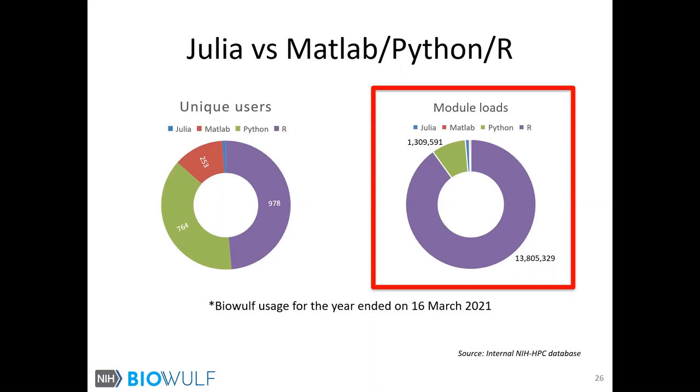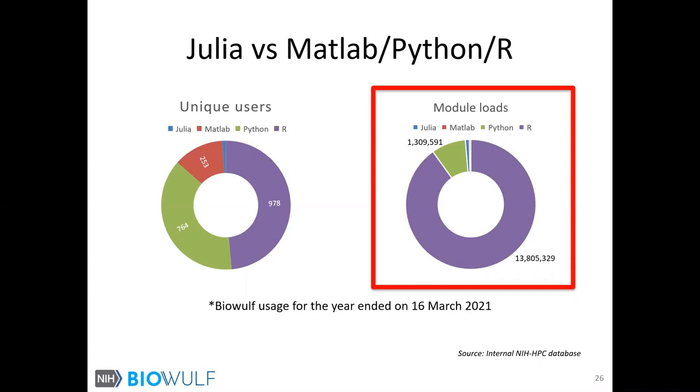This means that when you want to run an application, you have to load a module for that specific application, in this case for that language. When you load a module, whatever is necessary to run that language or application is set up, such as the library paths, and things that need to be added to your path are added. And if the application uses Singularity containers, then Singularity is loaded, and so on.